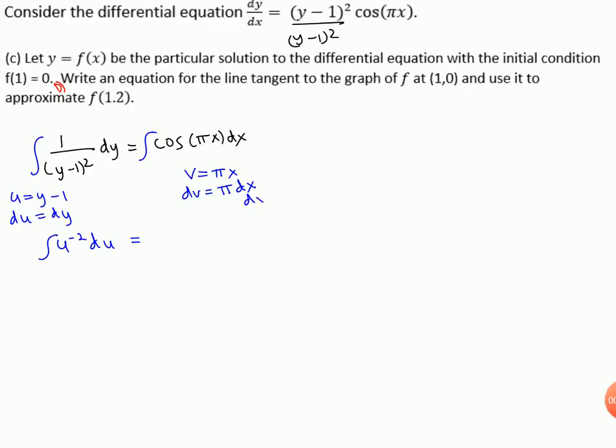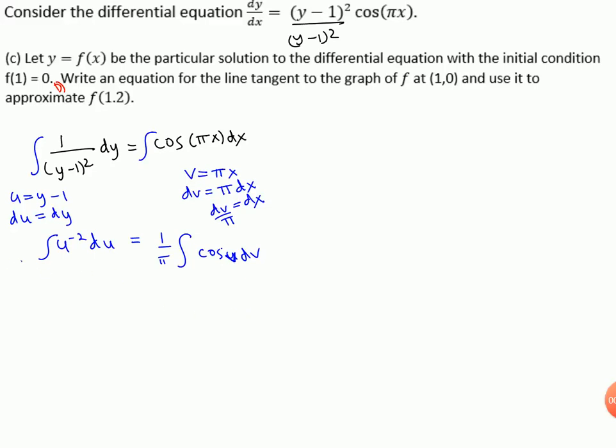So isolating dx, well, that just gives me dv over pi. I'm going to take that pi out of there, so it's 1 over pi, okay? And so we end up with, let's take 1 over pi out of there. Rewrite our integral. This is going to become cosine of v, and then dv. There we go. Okay.